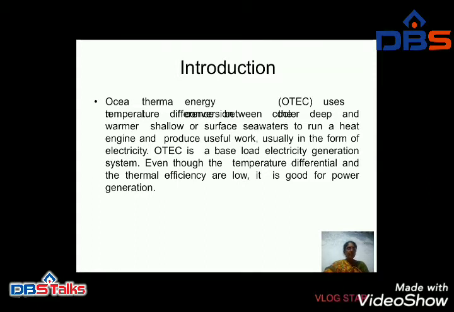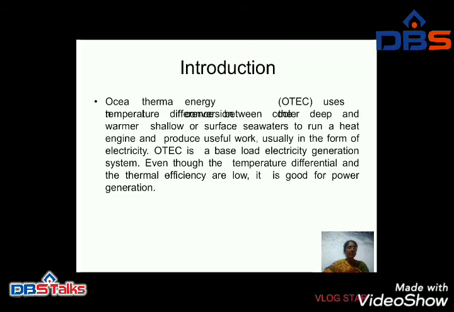OTEC is an energy technology that converts solar radiation to electric power. Ocean thermal energy utilizes the world's largest solar radiation collector, and the ocean contains enough energy to power all of the Earth's electrical needs.